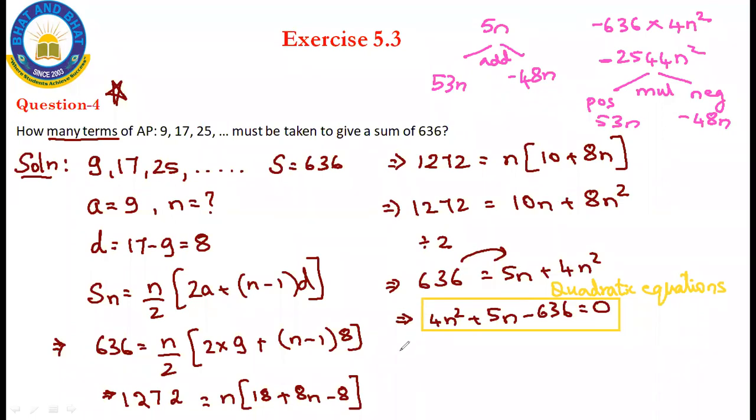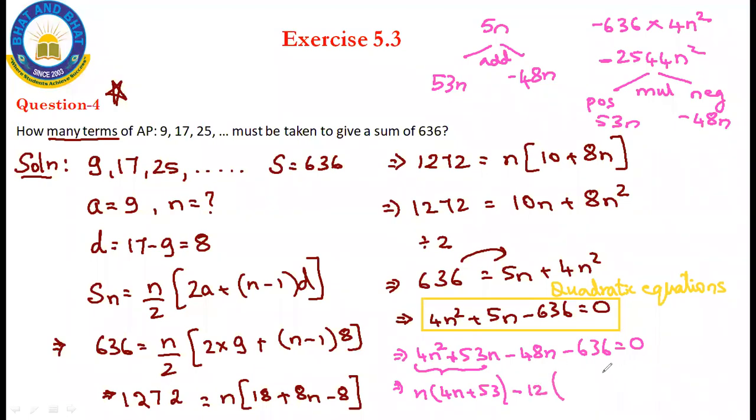So let me substitute here: 4n square plus 53n minus 48n minus 636 is equal to 0. I observe in the first two terms n is common, so I'll get 4n plus 53. In these two, minus is common, as well as 12 is common.